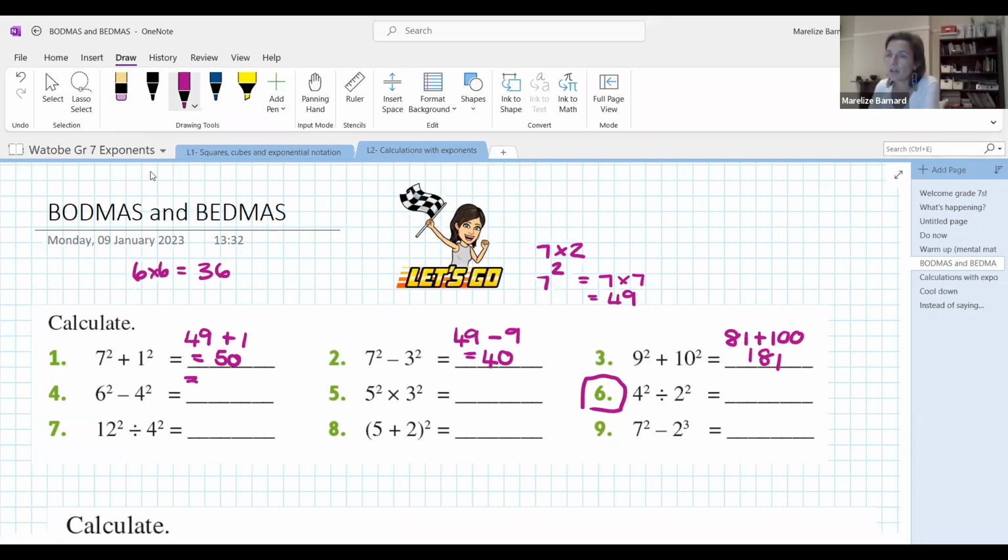So work it out on the side for yourself in a little corner of your page or something. Maybe you want to divide your page into 2 and do working out on one side and everything else next to it. 4 squared is 4 times 4, and that is 16. And 36 minus 16 is 20.